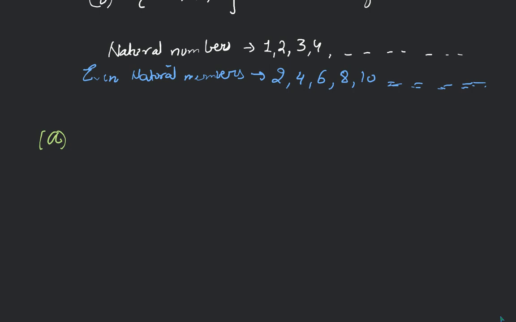Neither the set of positive multiples of 4, nor the set of natural numbers less than or equal to 6, because it's written as 3, 4, 5, and 6. So we know that they are natural numbers, but these natural numbers are not less than or equal to 6, neither are they the set of positive multiples of 4.